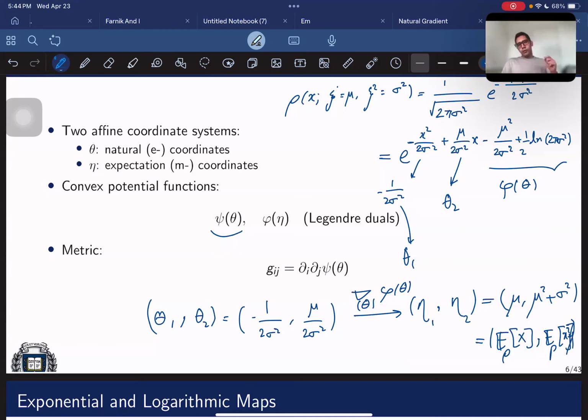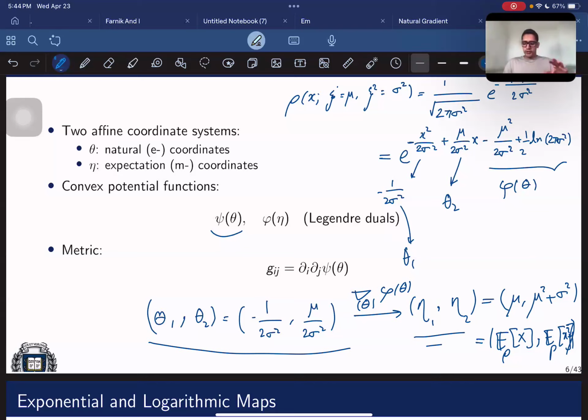So walking through these coordinates and lines would mean walking through the mixture model manifold of normal distributions, and walking through this would be an exponential geodesic, which would give us the least distance with respect to the alpha equals 1 connection.